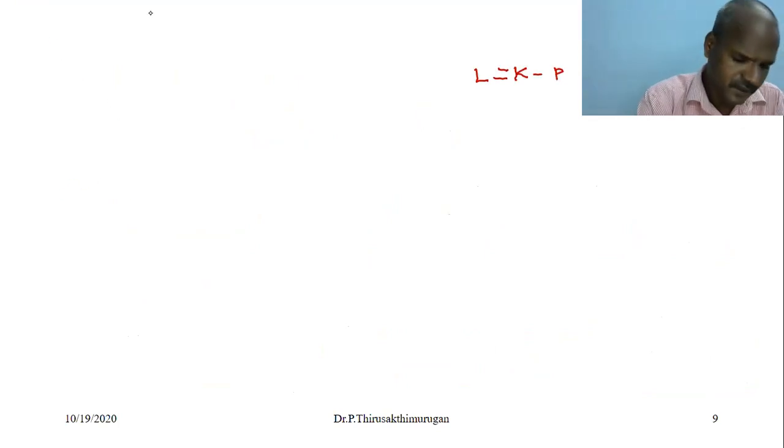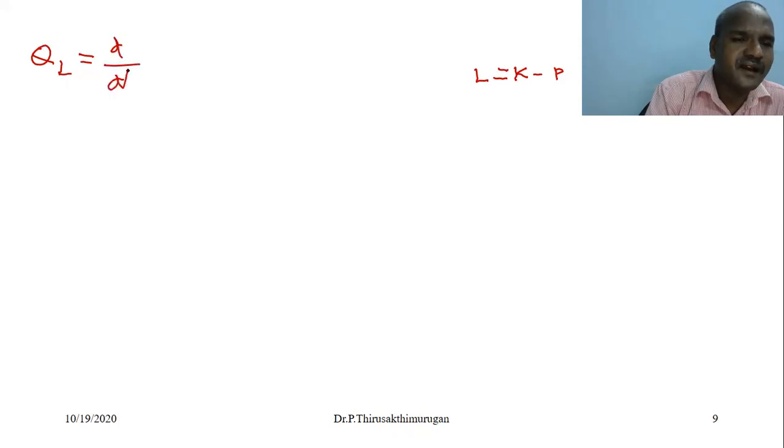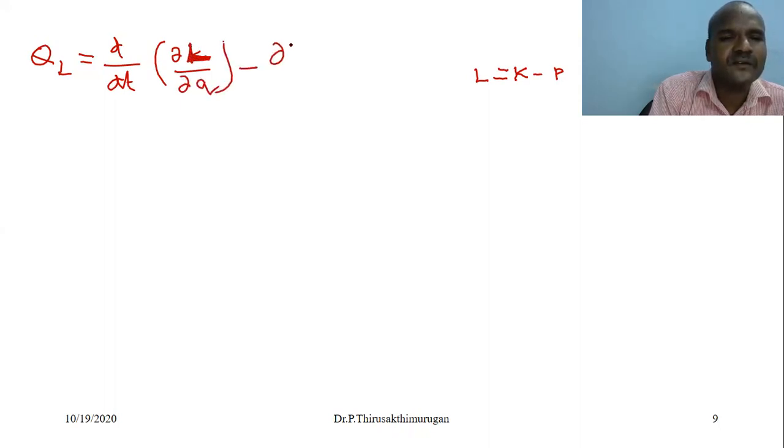Here QL, we are replacing Q by suffixing L. What is QL? D by dt of dou K by dou Q dot, instead of K we have to substitute L now. Okay, Lagrangian expression, instead of K we replace L. Dou L by dou Q minus dou L by dou Q.